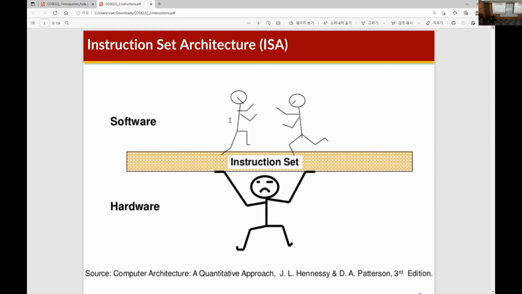The instruction set architecture defines the result of this instruction, add x1, x2, x3, which is x1 equals x2 plus x3. Then what do x1, x2, x3 mean in this instruction?